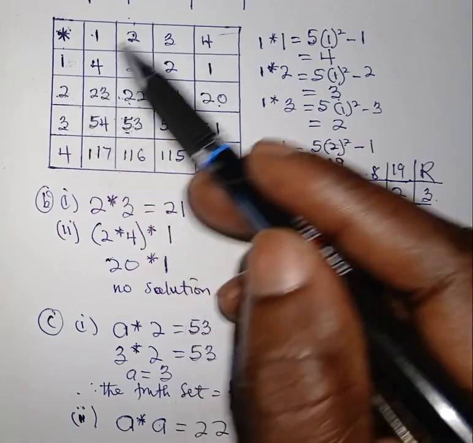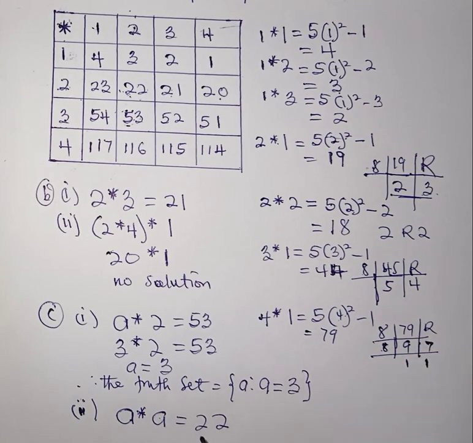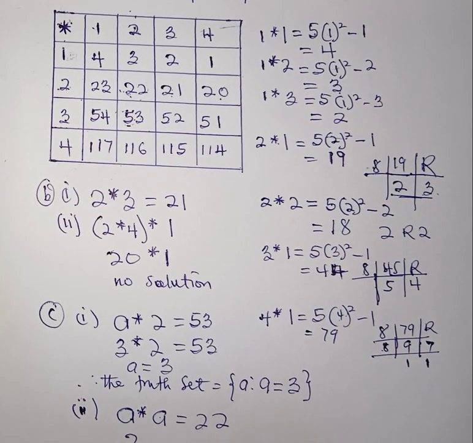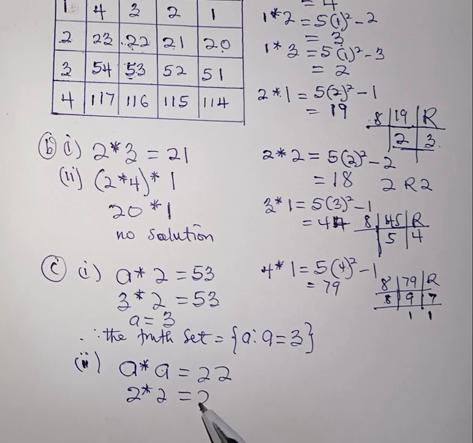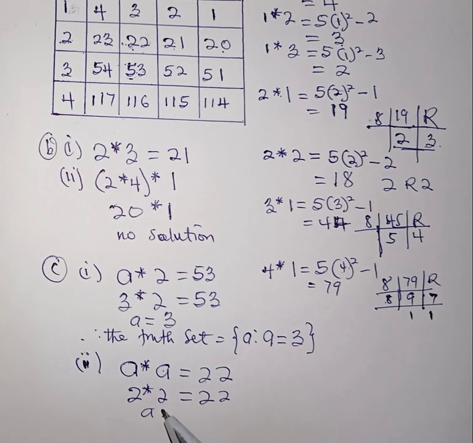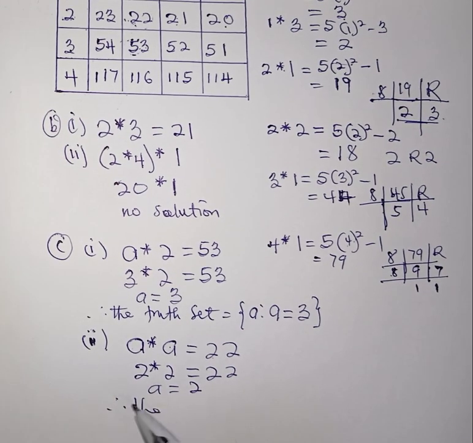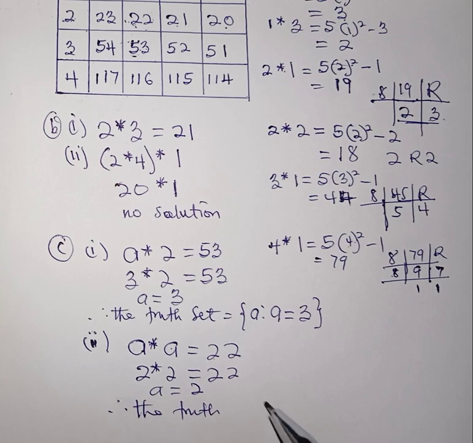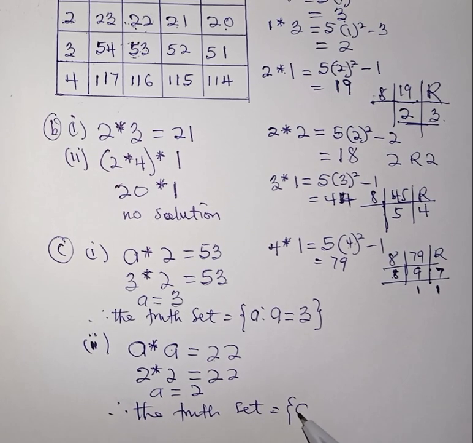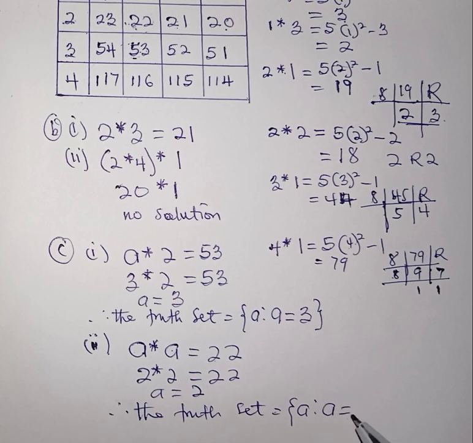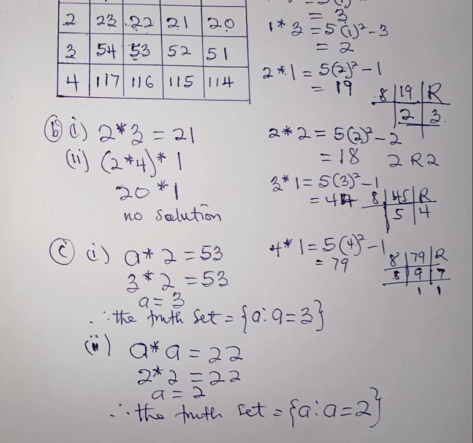So 2 and 2 gives me the 22, because we are saying A and A gives me 22. Therefore, it's going to be 2 star 2, which gives us 22. Then A is equal to 2. So we conclude that the truth set is A such that A is equal to 2, and that answers the question.